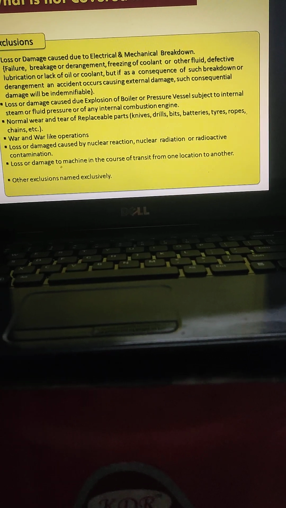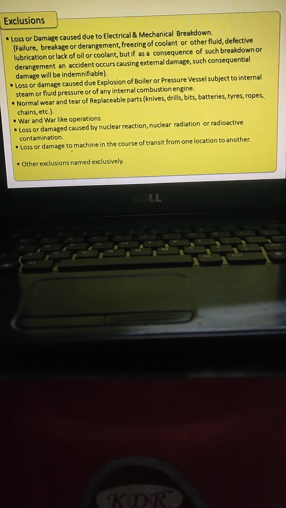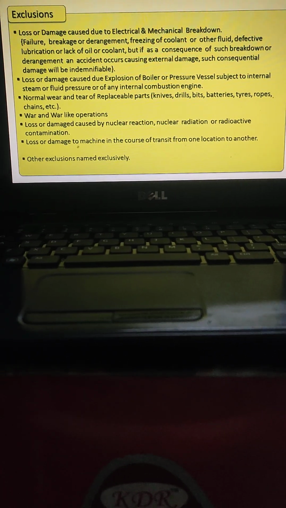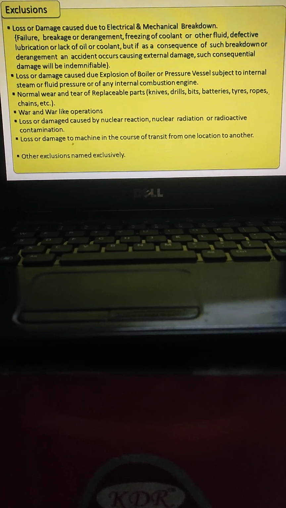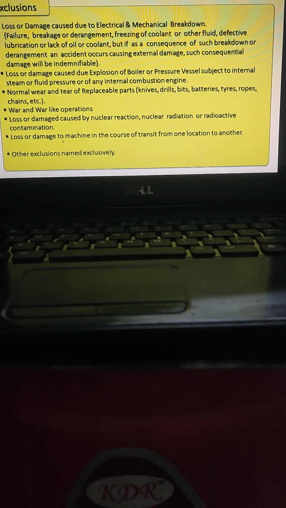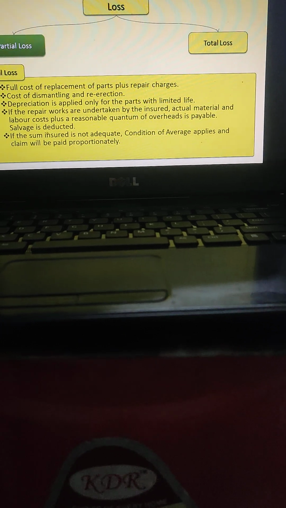The normal wear and tear or replacement parts like knives, drills, bits, batteries, tires, ropes, chain, etc. They are all normal wear and tear. War and warlike operations, loss or damage caused by nuclear reactions, loss or damage to machine in the course of transit, because transit risk is excluded. These are the exclusions of the policy.